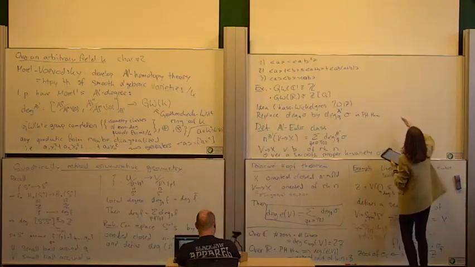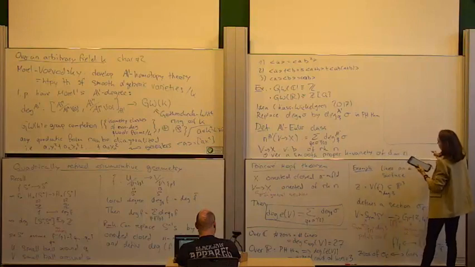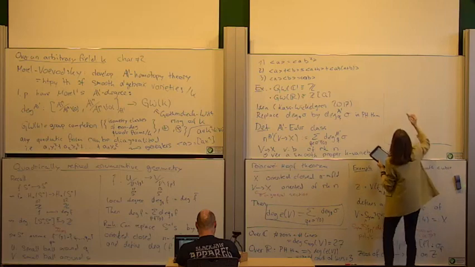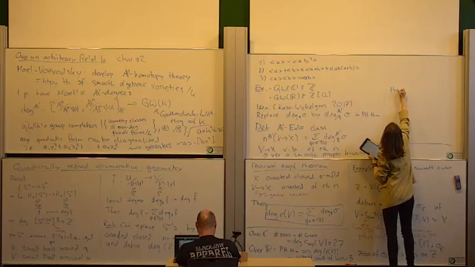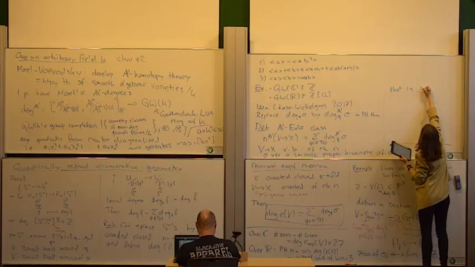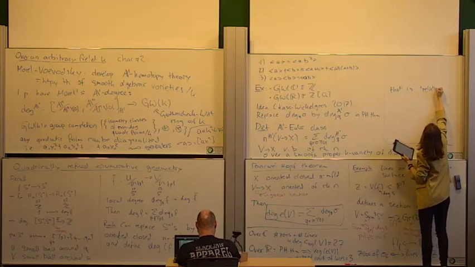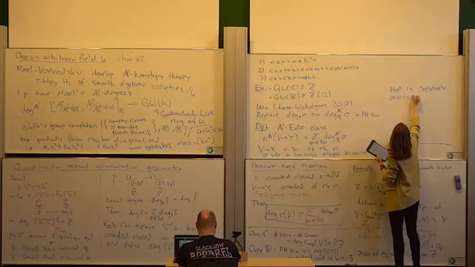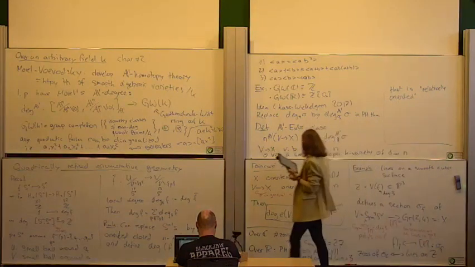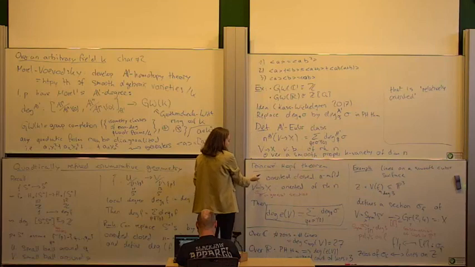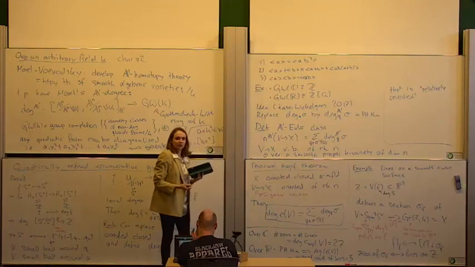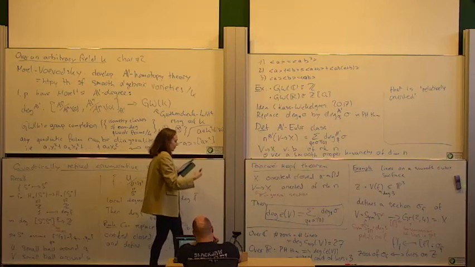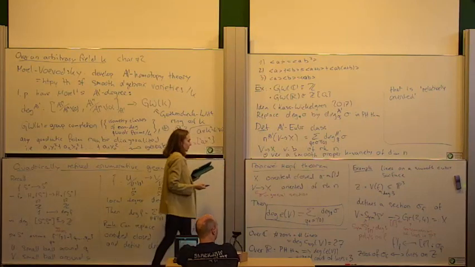So we want the following orientation condition. We want that this vector bundle is relatively oriented. So what do I mean by this? So here I wanted both the manifold and the vector bundle to be oriented, because I wanted to choose oriented coordinates and then oriented, or a trivialization compatible with my orientation.